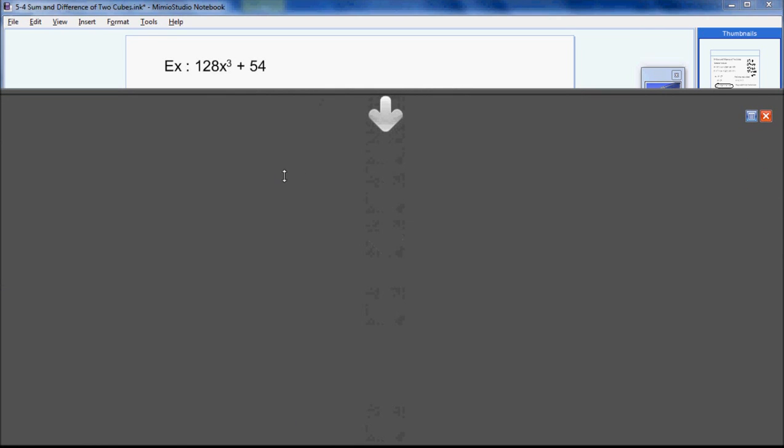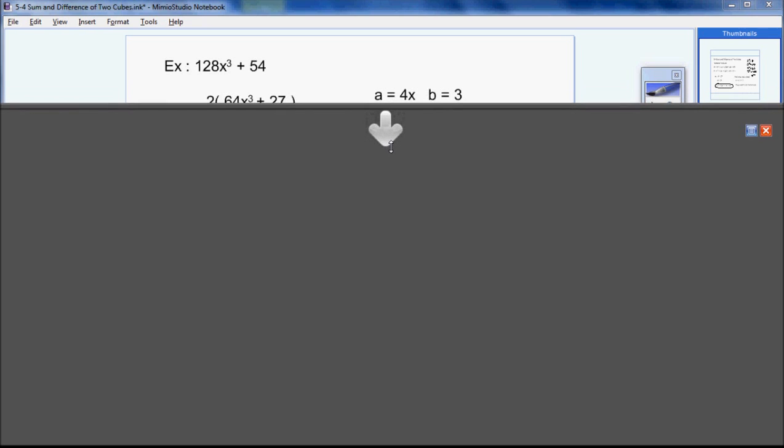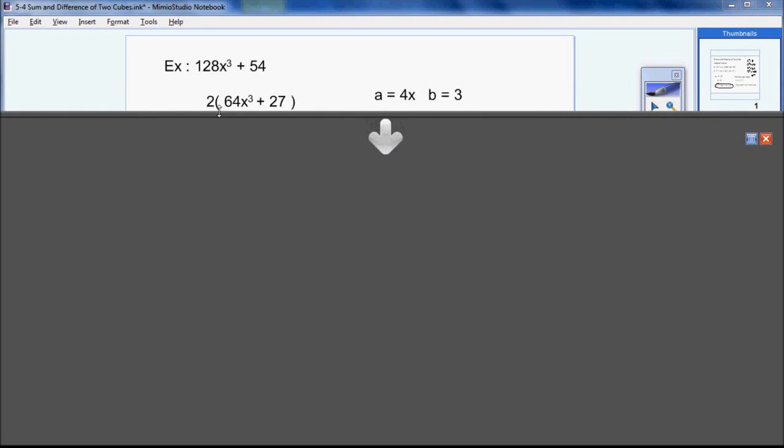Here's one more. Don't forget that you should always look to see if there's a common factor before you start. Here we know that they're both ending in even numbers, so they have to both be divisible by 2. So we bring out a 2 here. This is 2 times 64x cubed plus 27.